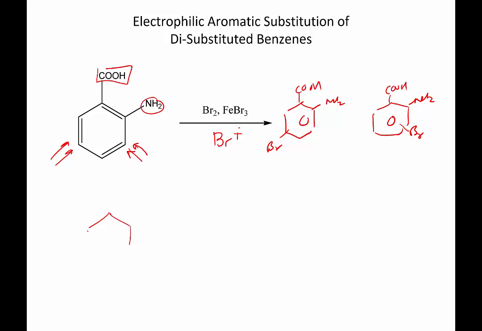What's not going to be easy? Well, how about I take my NH2 group, and instead of my COOH group being ortho to it, let's make it meta. So now let's take that molecule. Because now, what's going to happen?